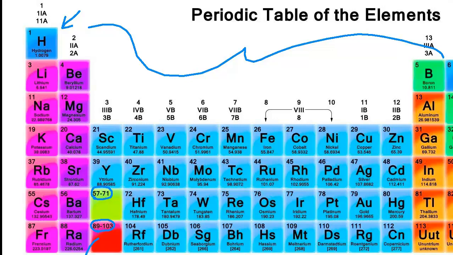Most metals are going to be good conductors of both heat and electricity. So you think of some common examples like iron, an iron frying pan, or copper wiring, which is used for electrical conductivity, right? All of the metals tend to be very good conductors, both of heat and of electricity.